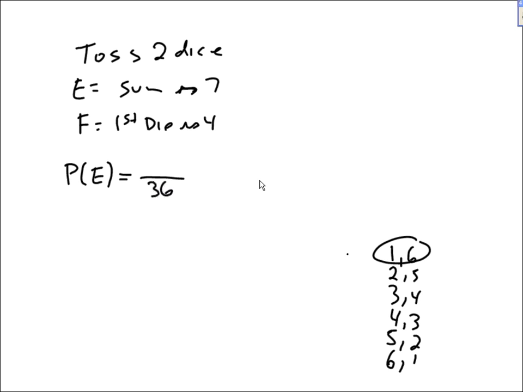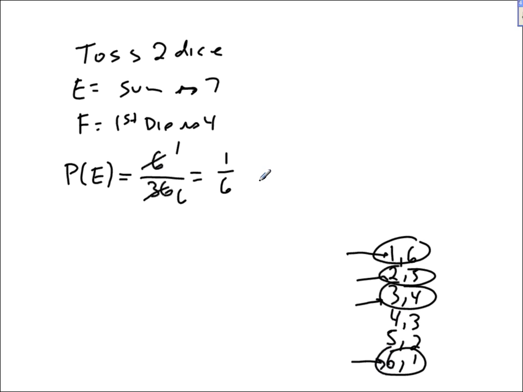That's the first one, that's the second one, that's the third one, and that's the sixth one. There are 6 of them. 6 goes into 6 one time, and into 36 6 times. So the probability that when you toss 2 dice, the sum is 7, is 1 out of 6.